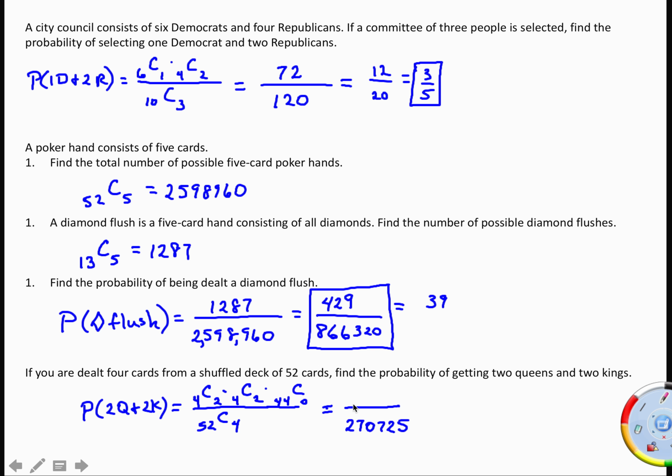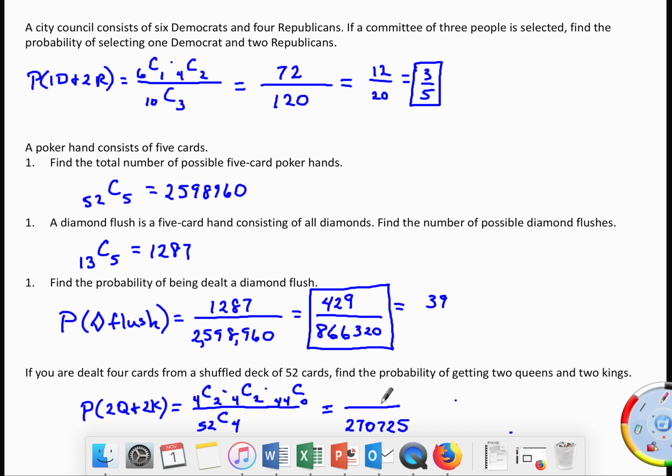And on the top, I've got 4 choose 2 times 4 choose 2, which is 36. Okay, 36.